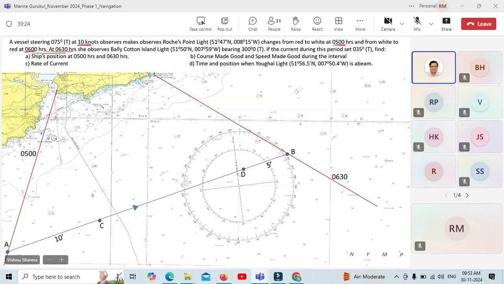Okay, let's first revise these 4 points. How did we get A? A was any randomly chosen point on the first PL. How did we get B? By drawing CTS through A where it cuts the third PL. How did we get C?